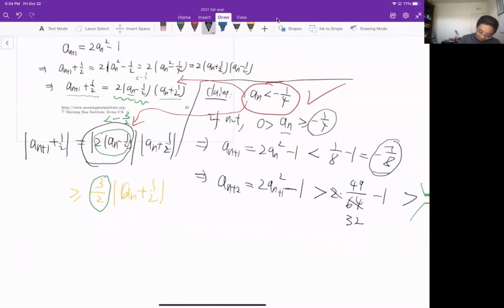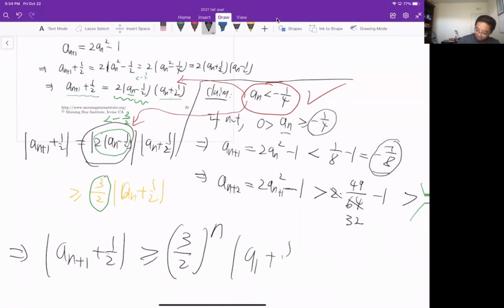And this tells us we get a recurrence: a_{n+1} plus 1/2 will be greater than 3/2 to the power n times a_1 plus 1/2.